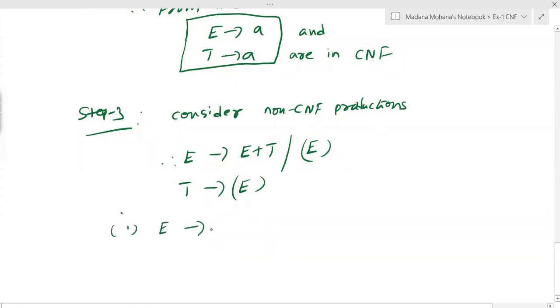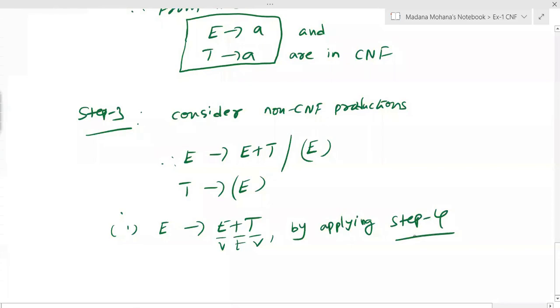First, E derives E plus T you can take. See, this is in the form of, here this is variable. Now this is terminal. Again this is variable. So by applying step 4, why? Because wherever the terminal is there in between variables, we can apply step 4.